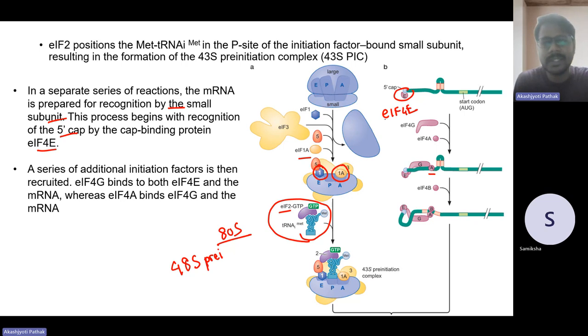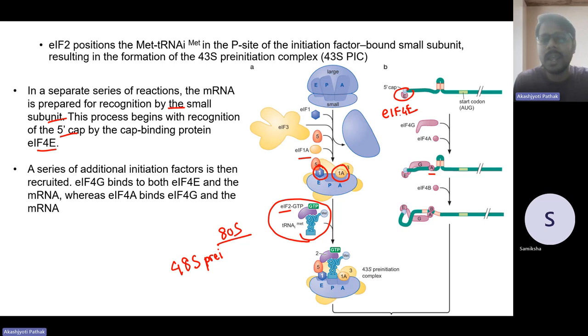So there are many initiation factors over here which are having different roles. There are initiation factors which are recognizing the mRNA and recruiting it to the ribosomal subunit. Then there are initiation factors which are blocking the different sites present on the ribosome.